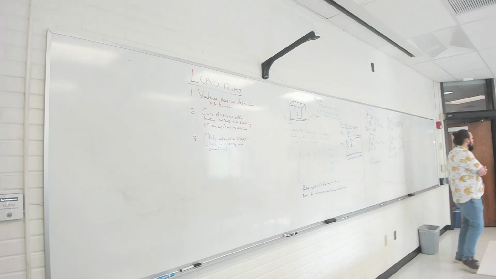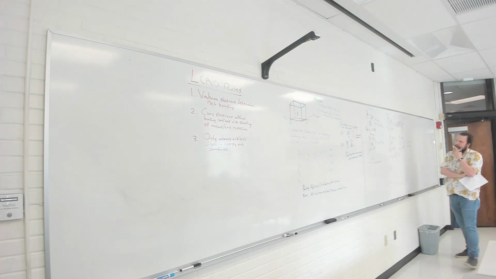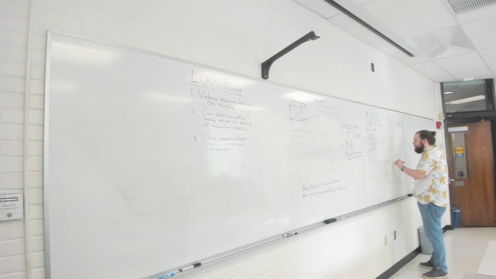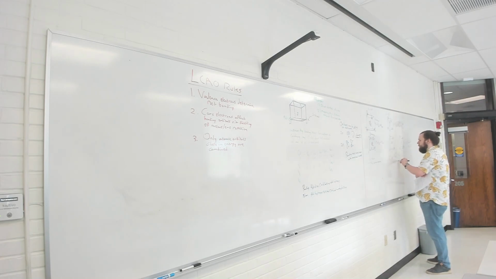We have 4. They all overlap constructively. And then what do we have over here? We have 2 pairs of constructive overlaps, with a nodal plane. Right? That's where the sign changes.